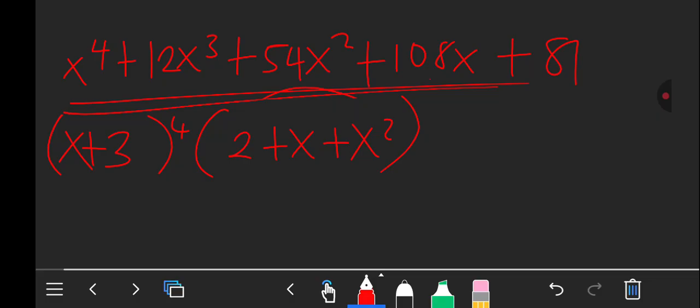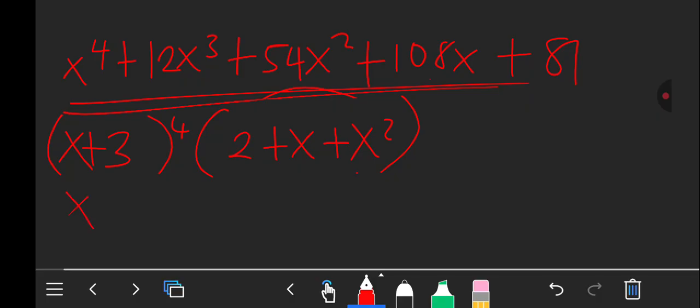So the secret behind this is just to expand first this x plus 3 to the power 4, to a point whereby you have x to the power 2. So that is where you end. Then you just multiply, just like we had the expansion here.